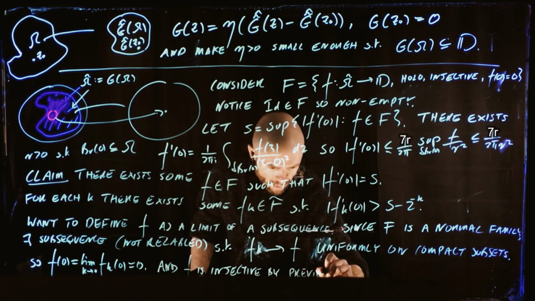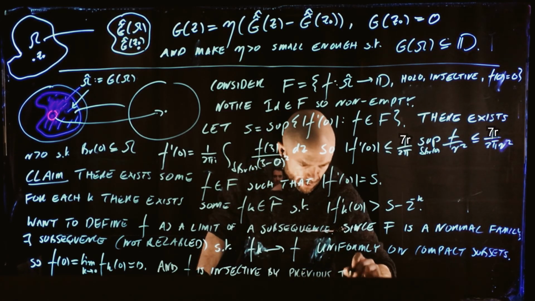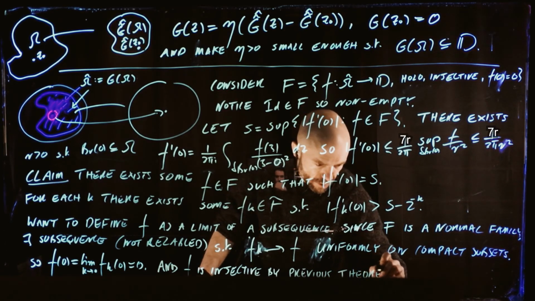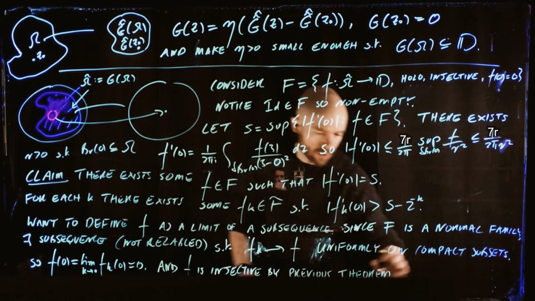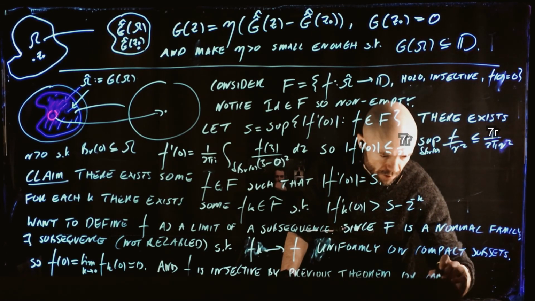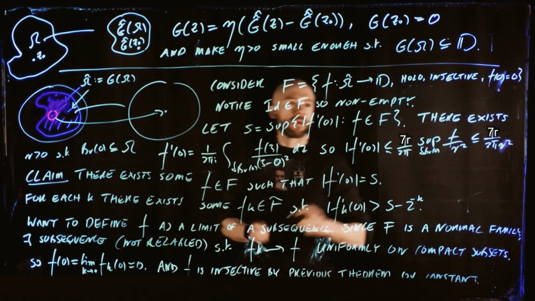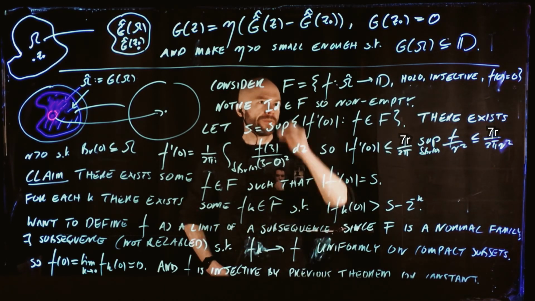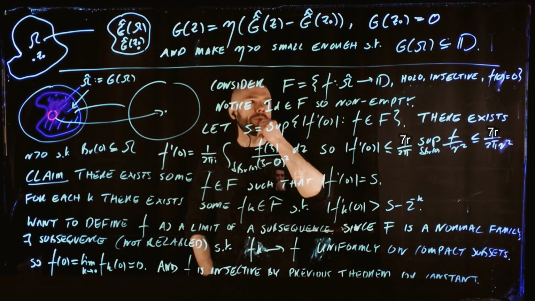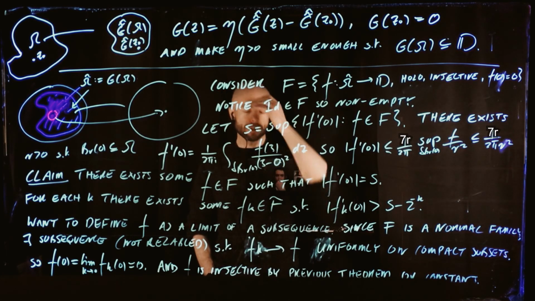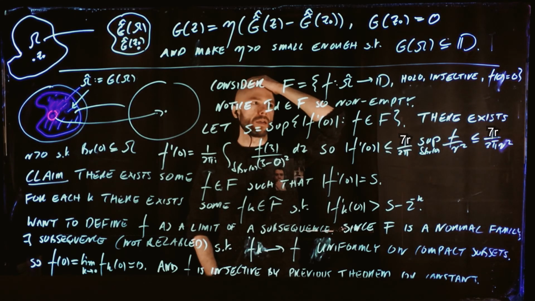It could also be constant. That's true. It could also be constant. But if it was constant, then it wouldn't be injective. Wait. It's either injective or it's constant, right? So why can it not be constant?